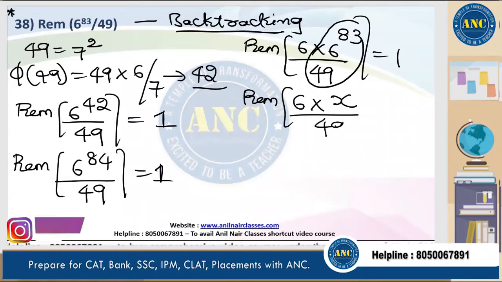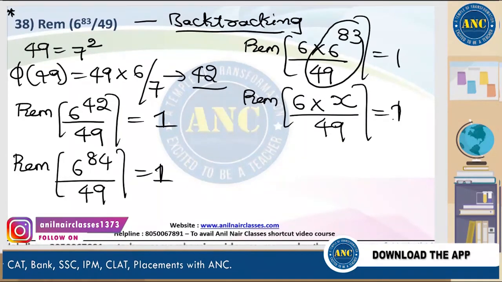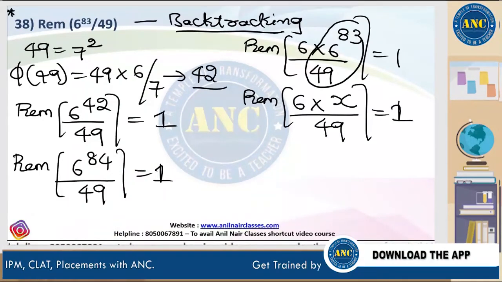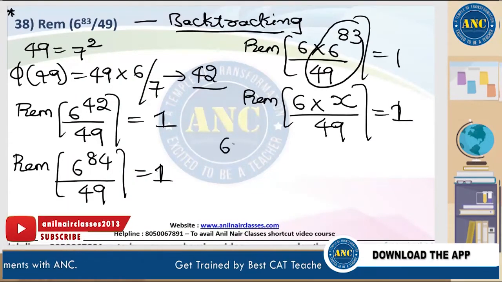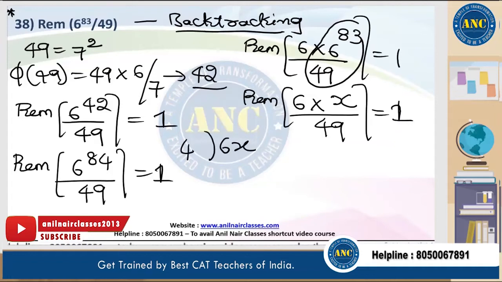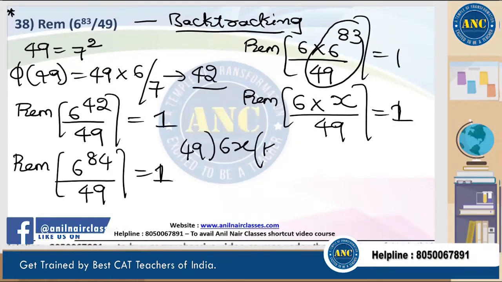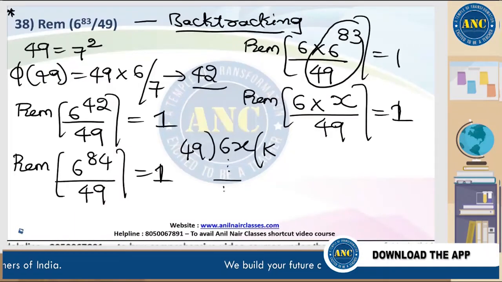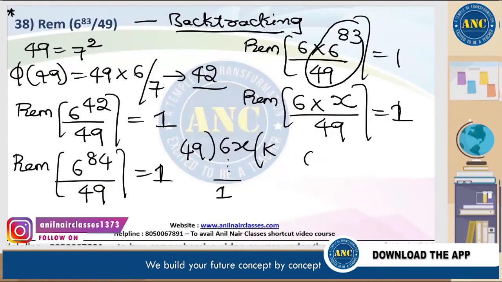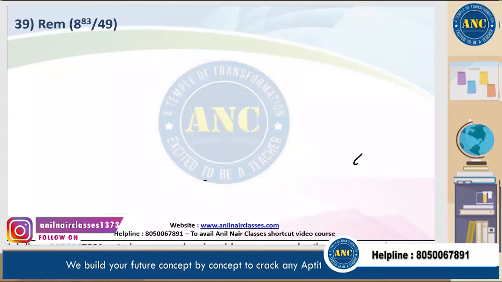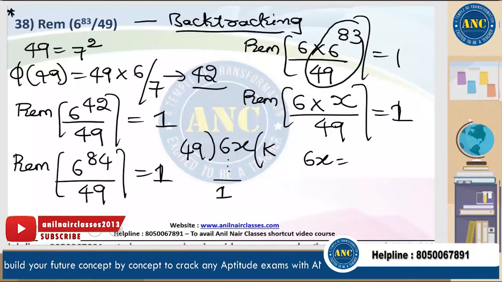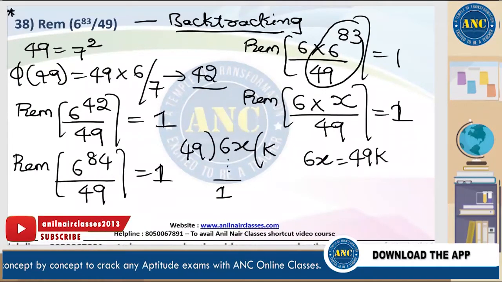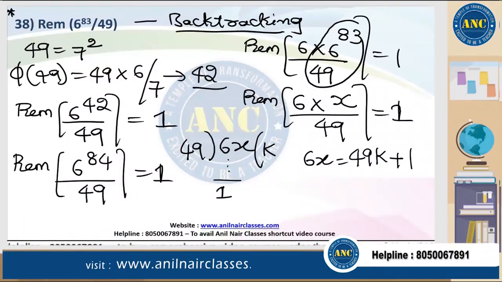When I further divide, if the numerator is less than the denominator, the remainder does not change. 6x when divided by 49, I don't know the quotient k, but I know the remainder as 1. Dividend is equivalent to divisor into quotient plus remainder.